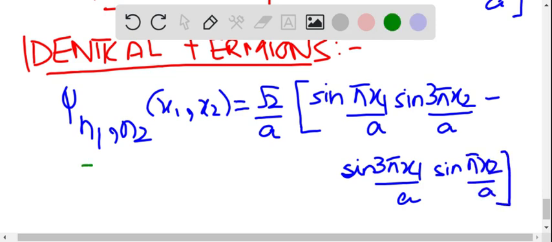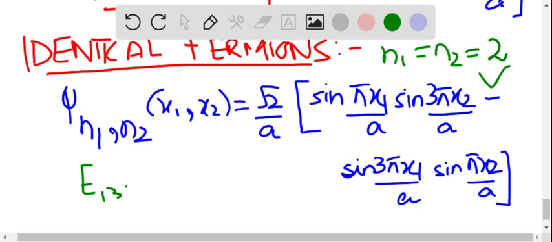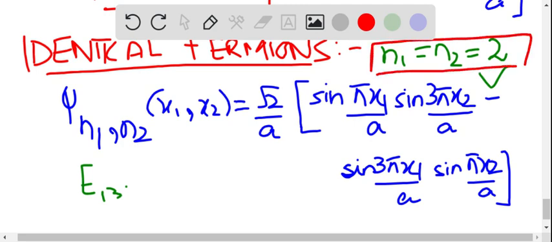And from here we would get that the energy is, sorry, I made a mistake over here. I just plugged in the values for n1 is equal to n2 is equal to 2, right? Now the values n1 is equal to n2 is equal to 2 do not exist in the case of identical fermions, right?